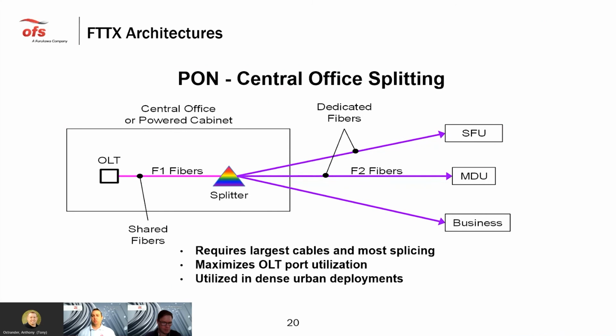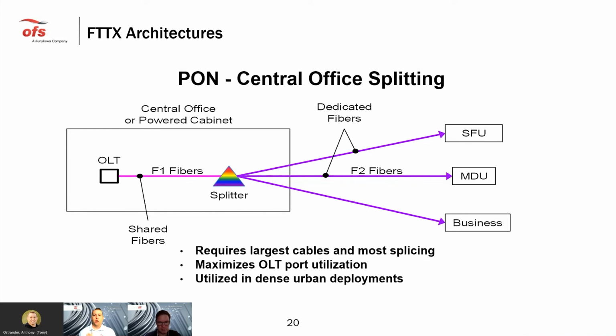As customers order service, one-sie, two-sie, it's going to fill up the first splitter in the cabinet. As that gets filled up, you can then install and move on to your next splitter. Same thing with your OLT ports: to get started, you fire up your first OLT port, and as it gets filled up, you fire up your second OLT port, and it runs sequentially.